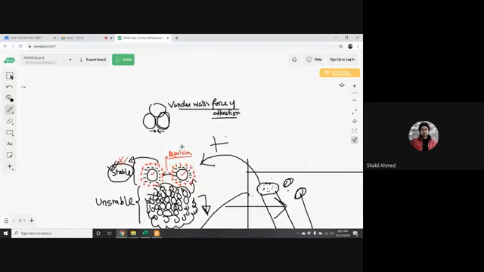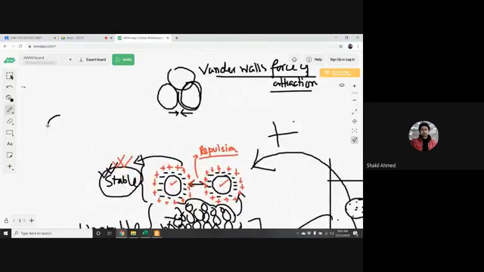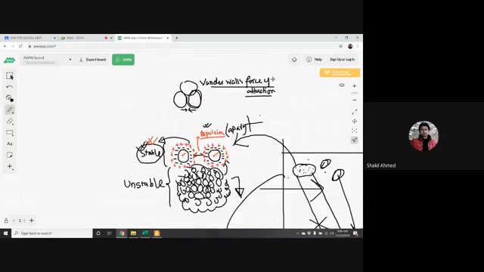So one thing we understood: when the particles are far apart, repulsion dominates. When the particles are close, who dominates? Van der Waals force of attraction dominates.